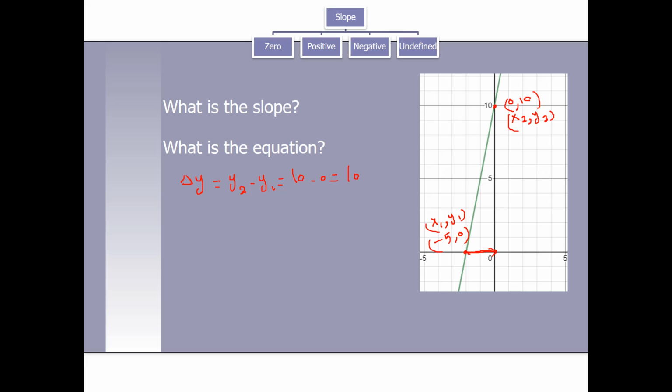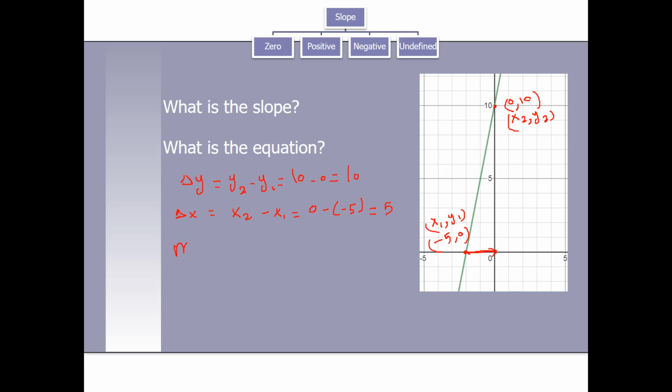So delta y is 10. Delta x will be x2 minus x1. That is, x2 is 0 minus -5. See the final value, which is 0 minus the initial value, that is -5. So this will be 0 minus -5 is 0 plus 5, that is 5.